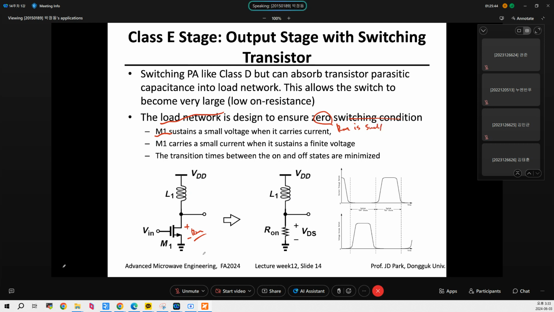Second condition, M1 carries a small current when it sustains a finite voltage, which means when the output is high, there is a very small amount of current. The third one is that the transition time between on and off states is minimized, which means the switching response should be very fast. Otherwise, there would be an overlapping region.